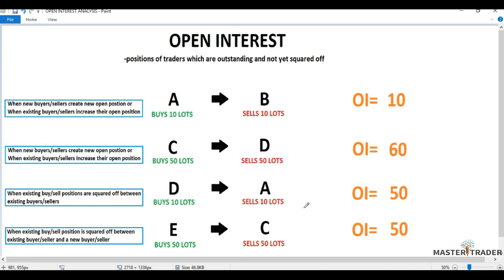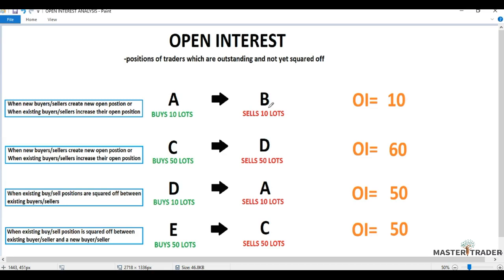In this table, let's say that A, who's a new buyer, buys 10 lots of Nifty from B, who is a new seller.